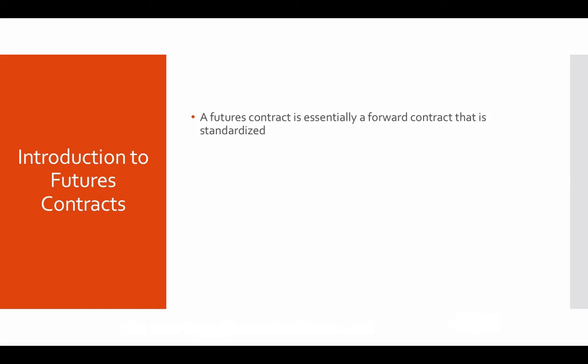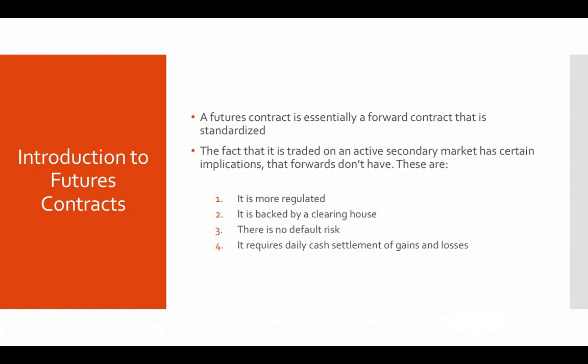For example, in one futures contract you might not be able to get just a single unit of the underlying. You might have to buy, say, 100 units of the underlying, something of that sort. So there is less flexibility in determining these terms.